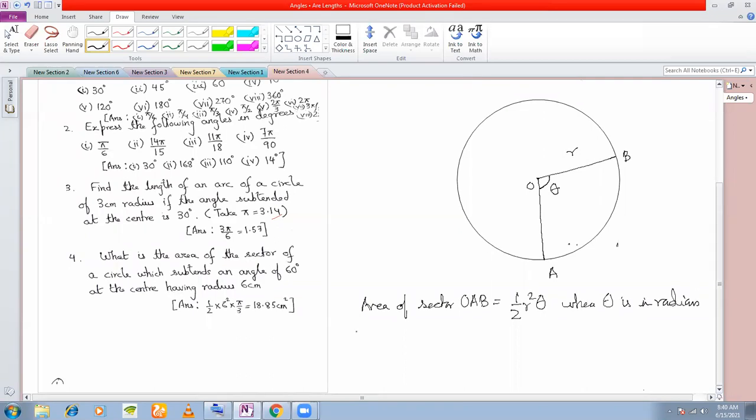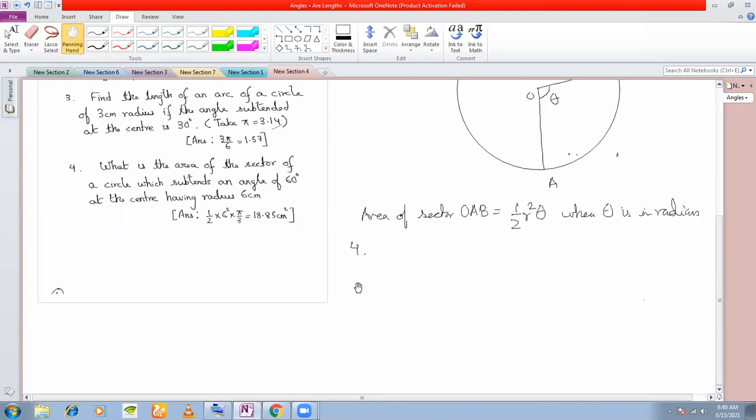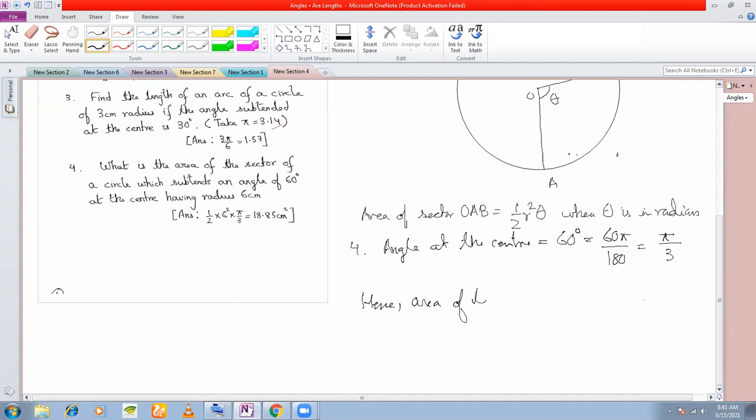Okay. So with this idea, we start the fourth one. The question here is, what is the area of a sector of a circle which subtends an angle of 60 degrees at the center? So the angle at the center is equal to 60 degrees converted into radians, 60 pi by 180, which is pi by 3. Hence, what is the area of the sector of the circle?